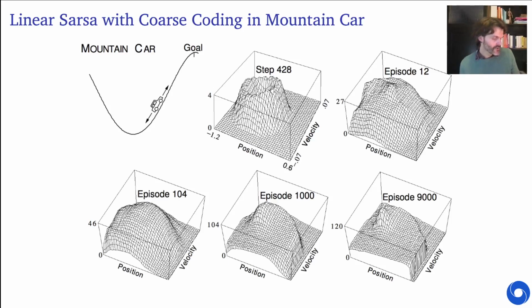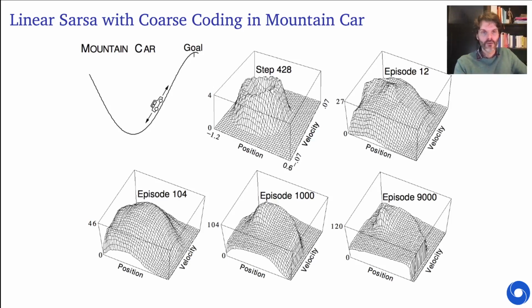And this is sometimes used because it's a somewhat tricky exploration problem. If you don't know there are any goals to be had or any rewards to be attained that are non-zero, it could be quite hard for the car to figure out it should leave this ravine at the bottom. And what we see here now is a value function after a number of episodes. We see that the shape of that value function changes over time as we add more episodes.